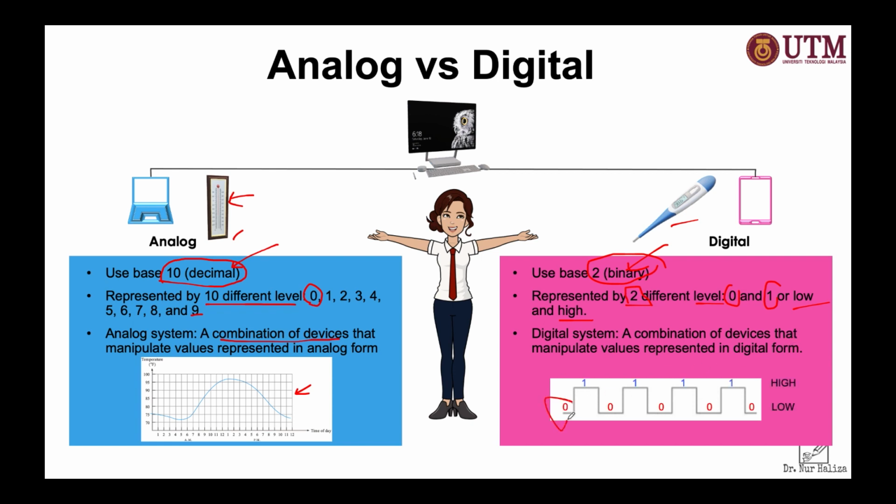So you have 0 1 0 1 values, where high is 1 and low is 0. I think you can see the simple differences between analog and digital on this slide.